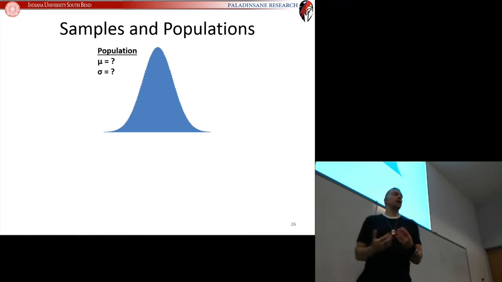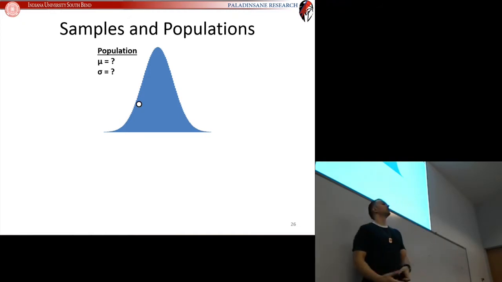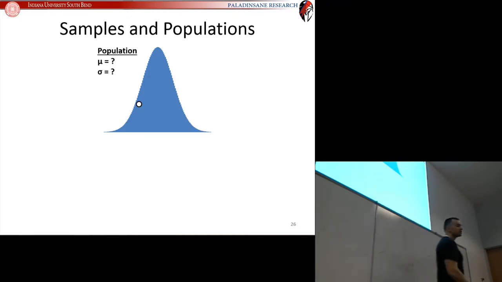Well, we start taking a sample from that population. If you're interested in the effects of social media on intelligence, you might take a sample of high social media users and give them an IQ test to see what their IQ scores are. So let's say that we take 5 individuals.